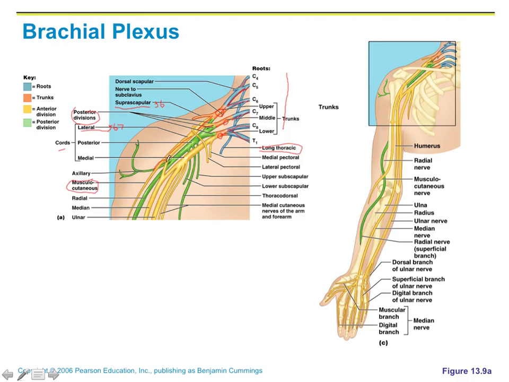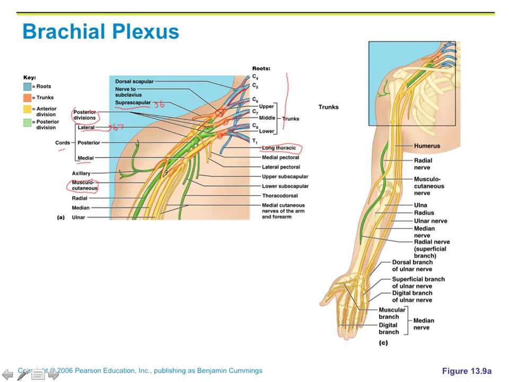The other branch will link with another cord, called the medial cord. So where does the medial cord come from? We can see the medial cord is from the anterior division of C8 and T1.